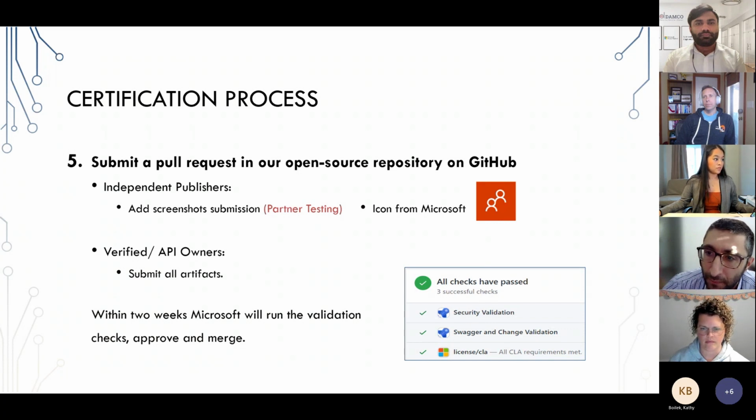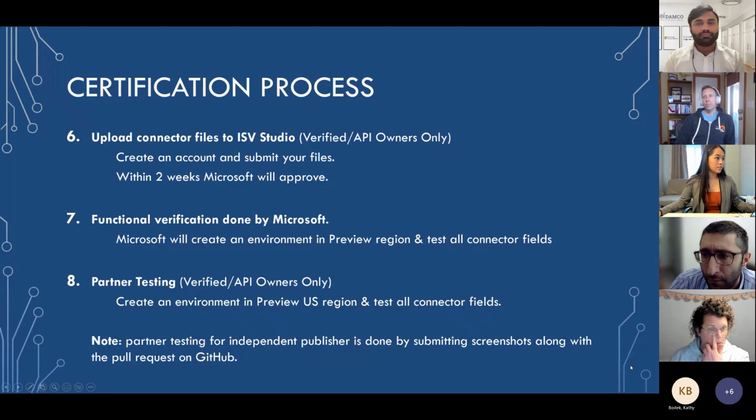So if you ran the Bacon validate and there were no errors there, then those checks should be passing with no issues as well. The last one would be the CLA, our CLA agreement. It's required for all partners to sign this agreement in GitHub. Usually it takes 2 weeks for Microsoft to review your PR, but now we are taking within 1 week to review the PR and move forward.